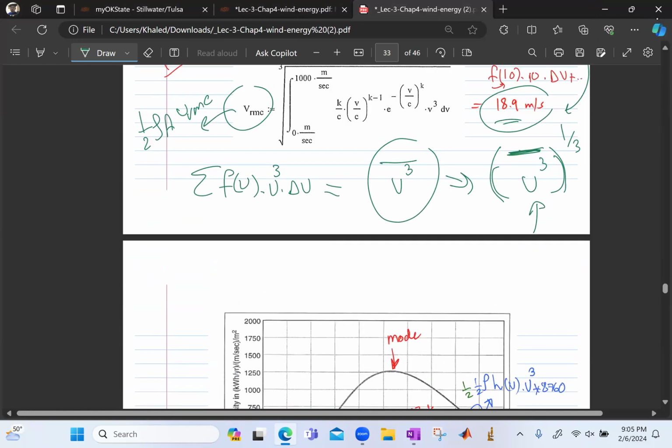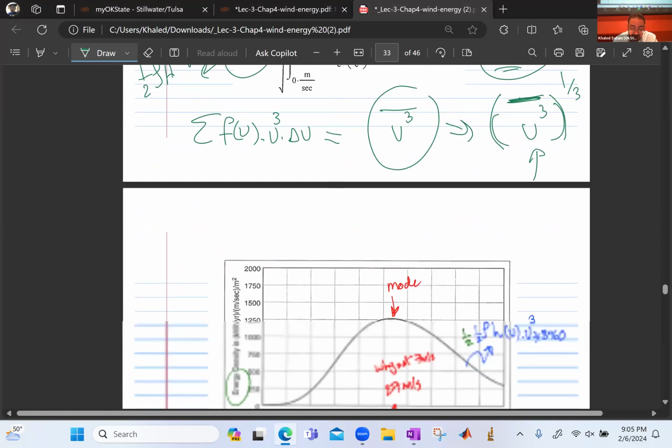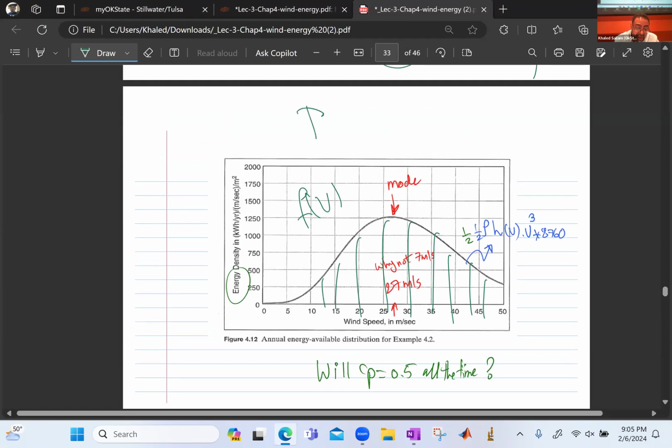So now with this graph in his hand, with that distribution in his hand, he now can multiply the wind with its time, because the time is in that distribution. That f of v is the time. So the power is half rho A v cube, but the energy will be the power multiplied by the time. And what's the time? It's f of v. But that's the probability.